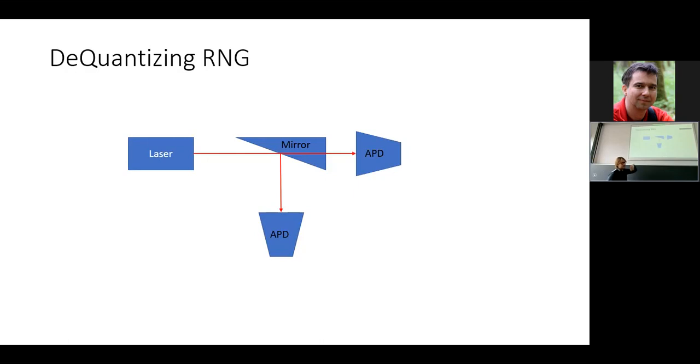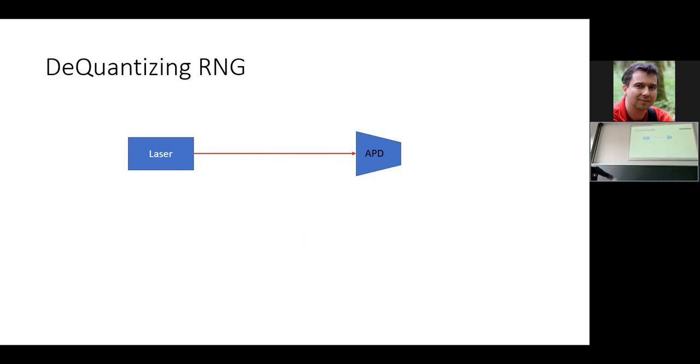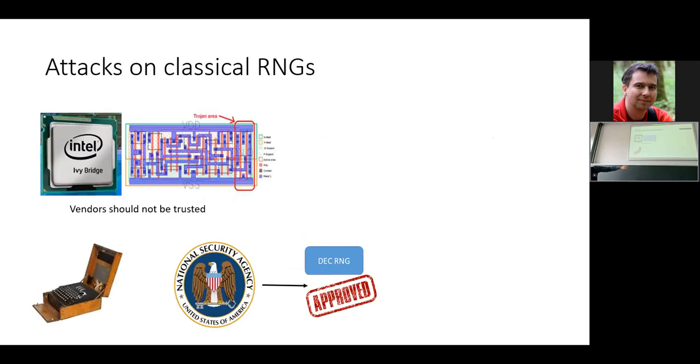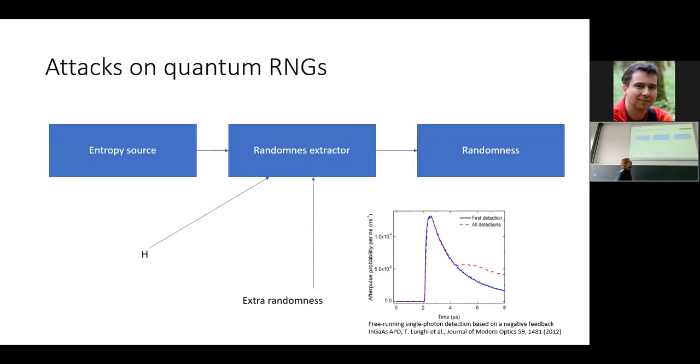And this makes the probability distribution biased, so if you have the outcome 1, the next outcome is also more likely to be 1. So to get rid of this, you have to use these extractors, and the plot I was showing here is from a paper which shows that some company underestimated this effect of afterpulses, and the randomness it was producing was lower than expected, and then they were using the wrong randomness extractor and so on. So yeah, things like this.